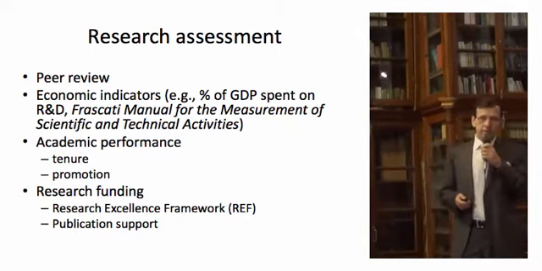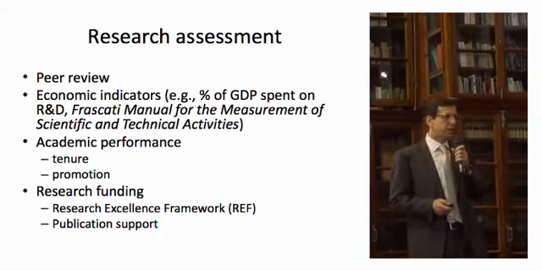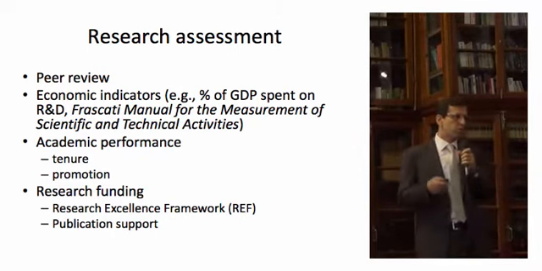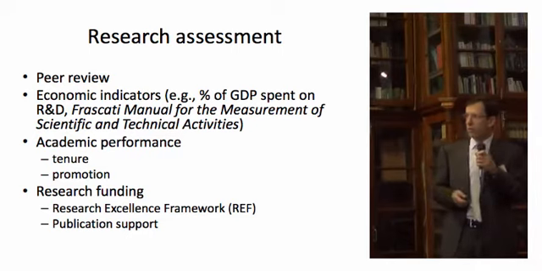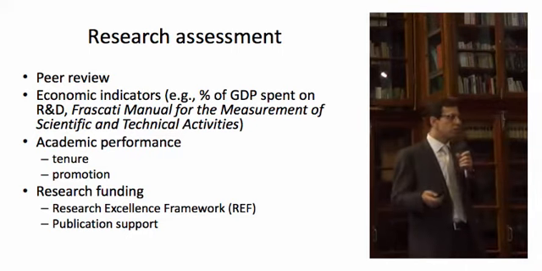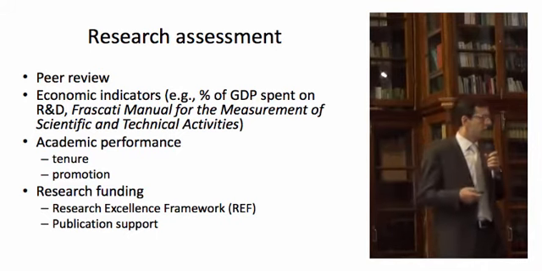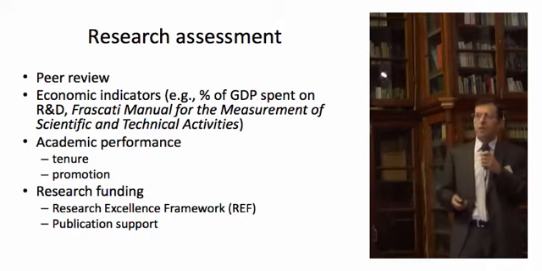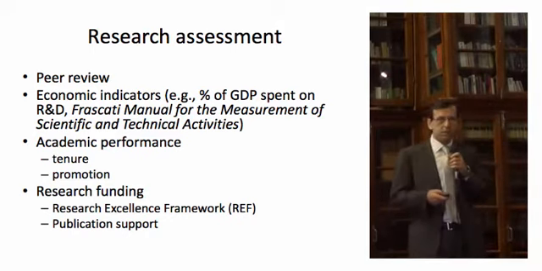We basically need research assessment to measure the academic performance of researchers, to award tenure, for instance, to promote, but also to distribute research funds to the researchers based on their previous work and how productive they have been in their professional lives. So this is not new either.